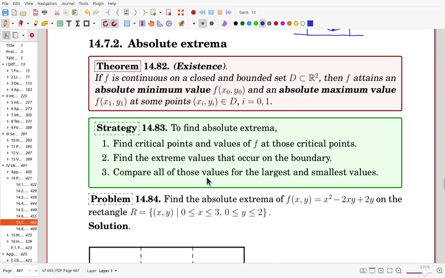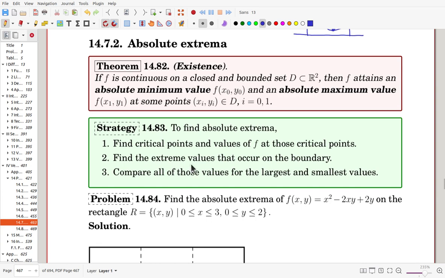To find these absolute extrema, the first step is to find the critical points and the corresponding critical values.